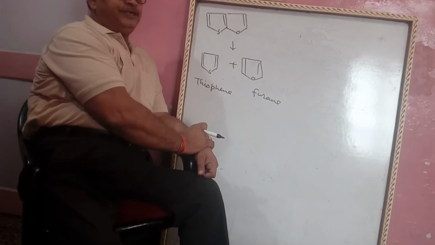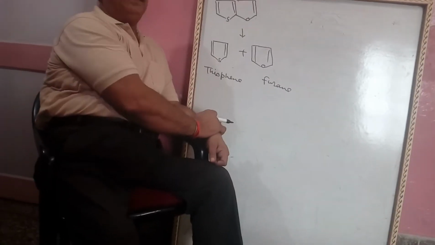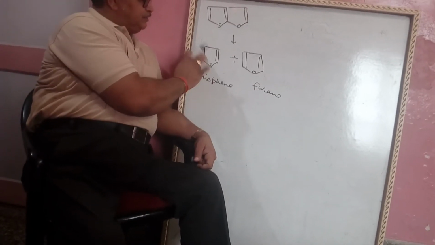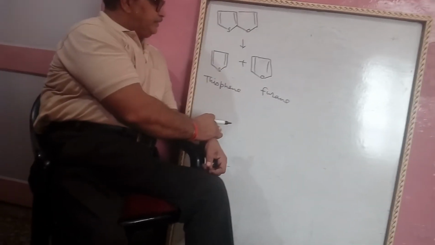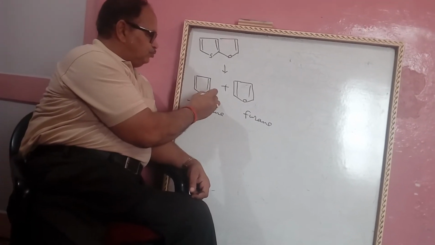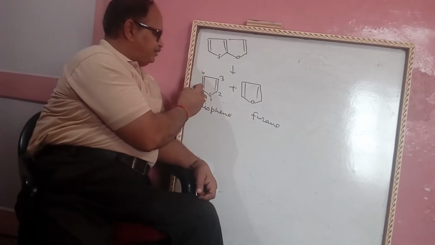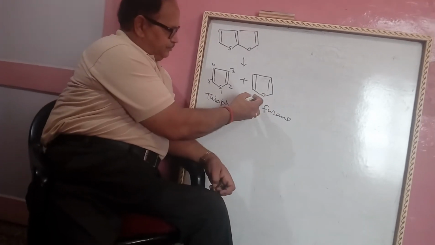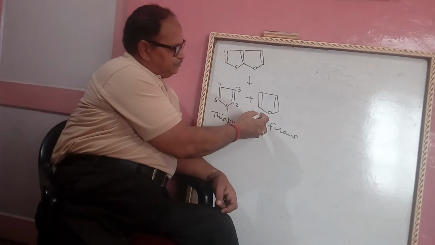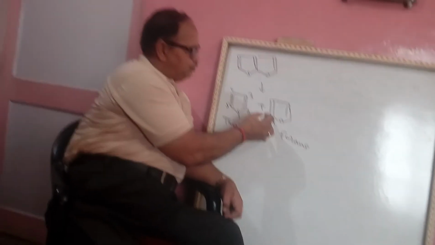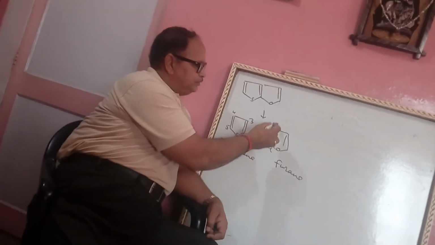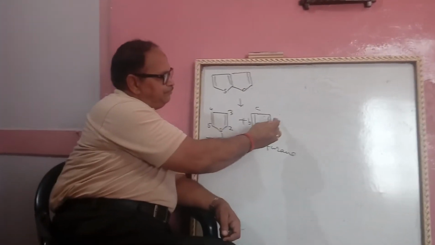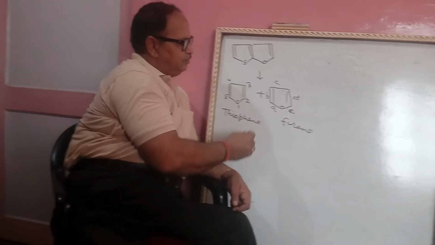Thiophene is the attached component and furane is the base component according to the rules. So this attached component can be numbered as 1, 2, 3, 4, 5, while this base component can be written as a for the 1,2 bond, b for the 2,3 bond, c for the 3,4 bond, d for the 4,5 bond, and e for the 5,1 bond.